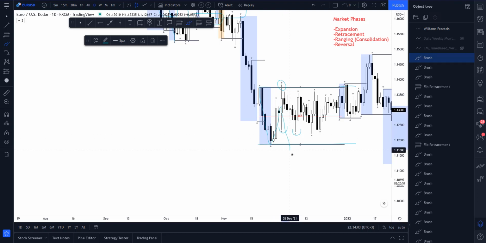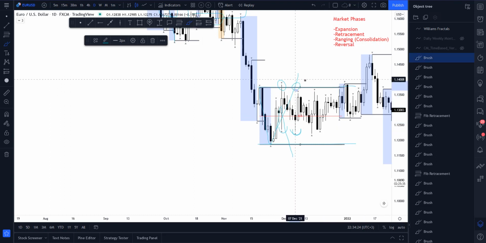Then you would expect another expansion phase for the market to continue. If it's not continuing and it's creating failure lows, failure swings like this, it is a ranging market. If it breaks the structure, it was an expansion phase. If it breaks in the other direction, it's a reversal phase.